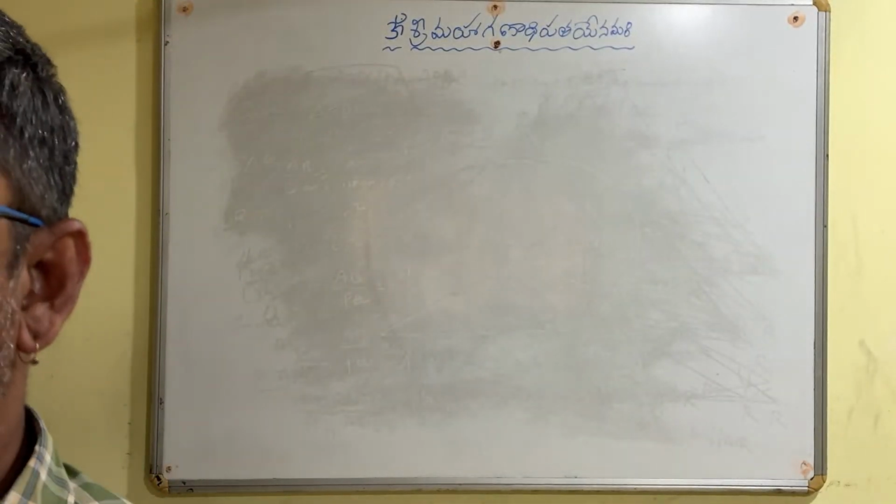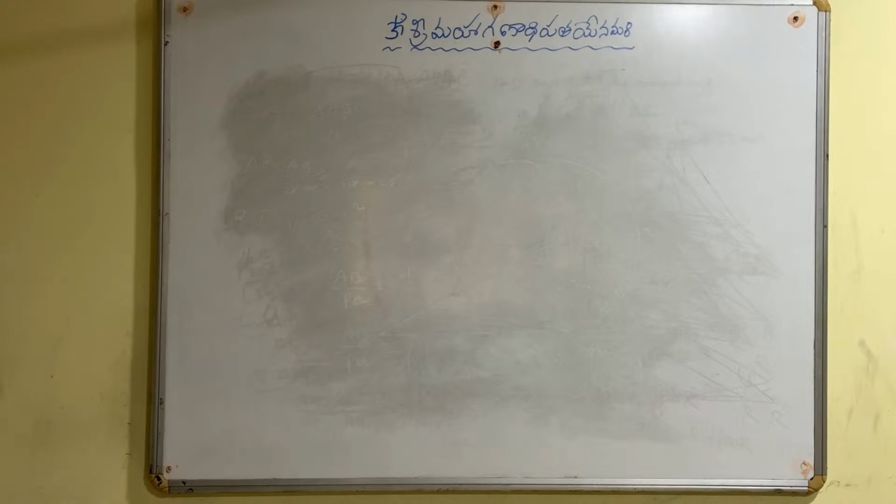Exercise 10.2, first question. From a point Q, the length of the tangent to a circle is 24, and the distance of Q from the center is 25. Find the radius of the circle.